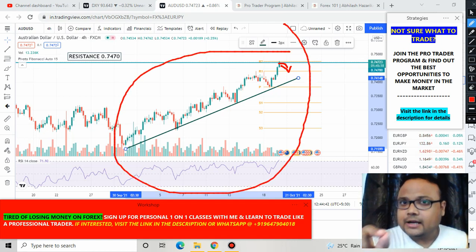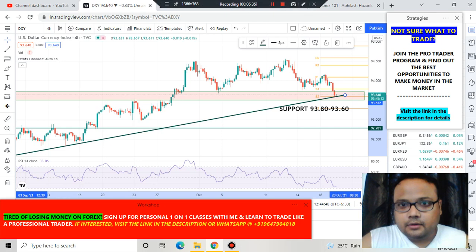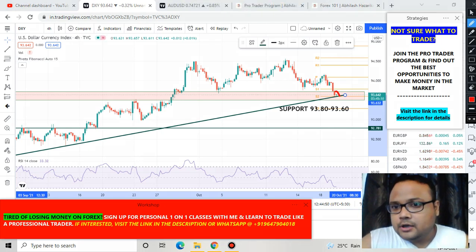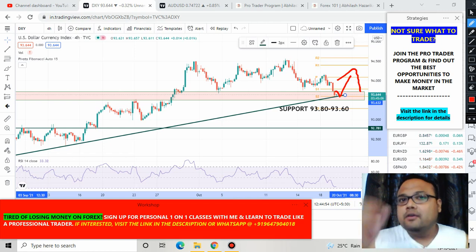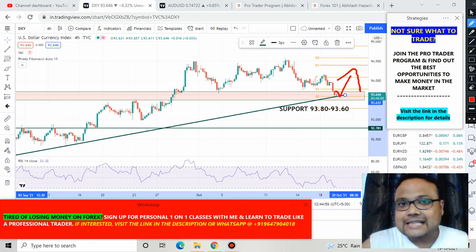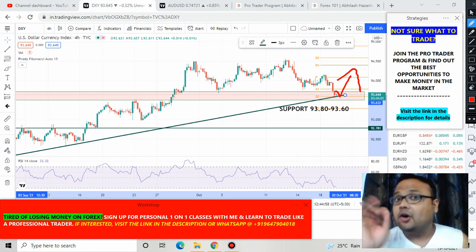But on the other hand, if you see dollar bouncing from the support here, listen to me carefully, if you see dollar bouncing from this support, then obviously AUD USD will be coming down from the resistance, and then you can take a sell order.